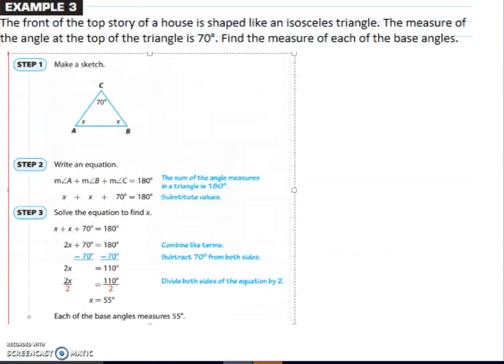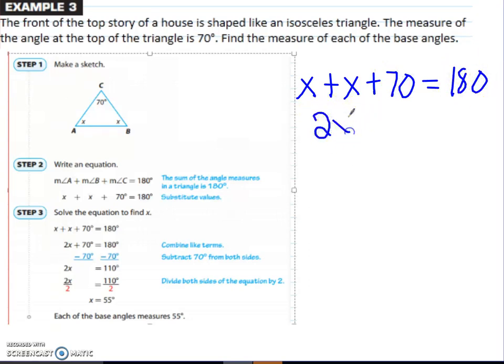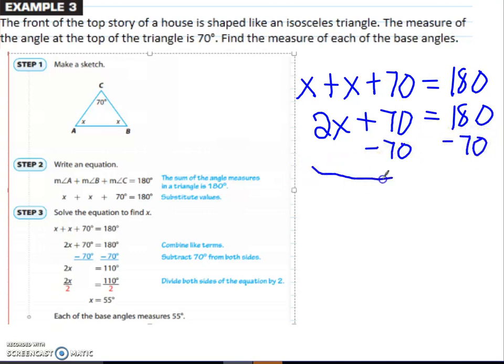So on example 3, we have x plus x plus 70 equals 180. Okay, we combine like terms. We get 2x plus 70 equals 180. We're going to do the order of operations in reverse, so we're going to subtract 70 from both sides. We're going to get 110.